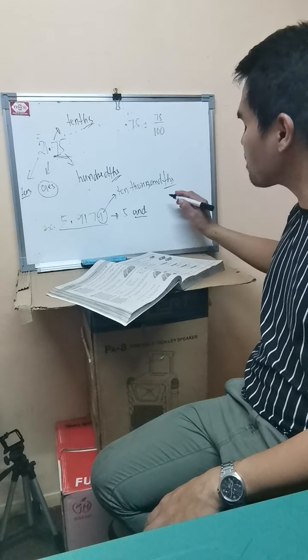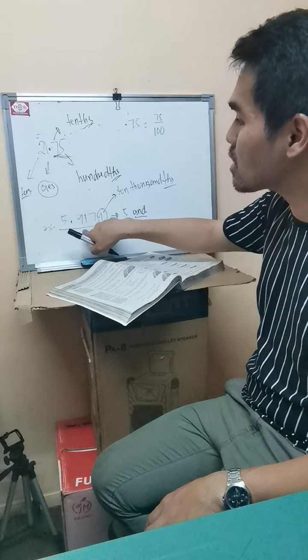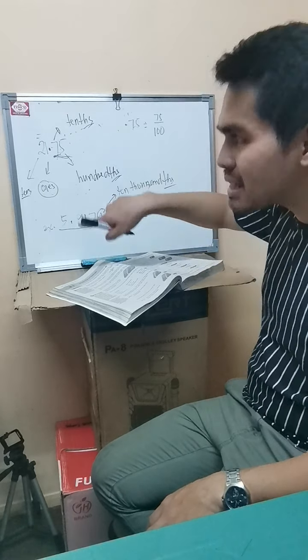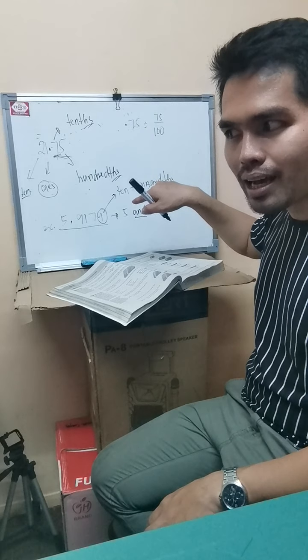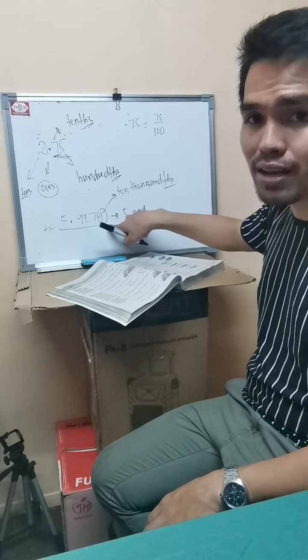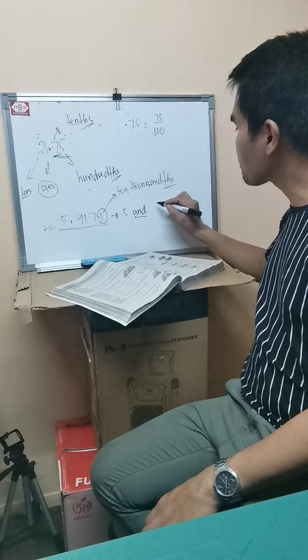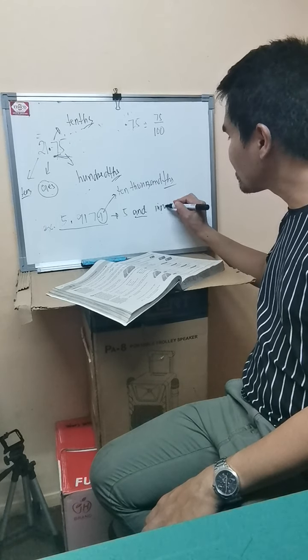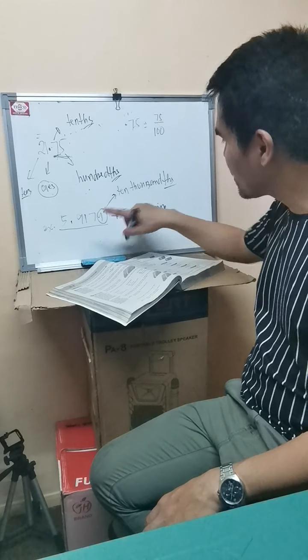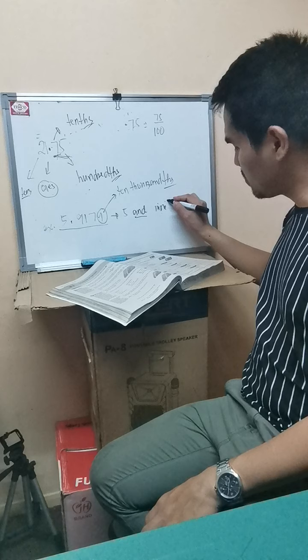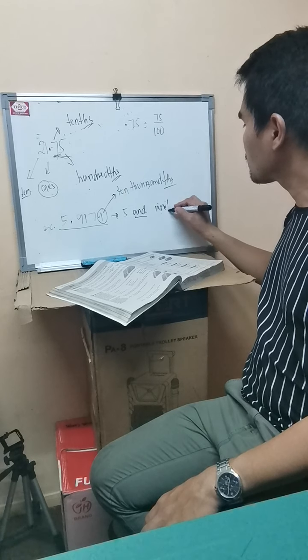So 5 and, we will just read this the way it is, and then identify the last place value here, the 9. So for example, that's 5 and 91.